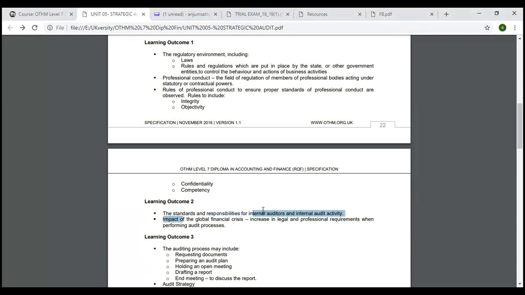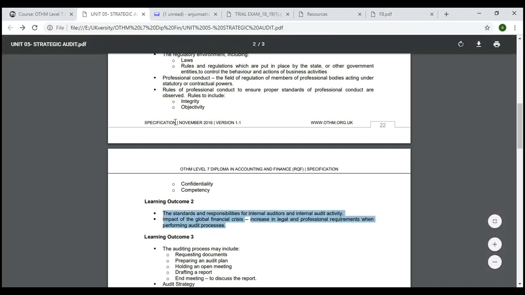Please go through some standard internal audit and audit activities. Look at global audits and the financial crisis: what happened, why these crises happened, and how the auditor's role increased in those periods. If you want, copy the link and do a bit of research. All this we are supposed to learn during the next lesson.